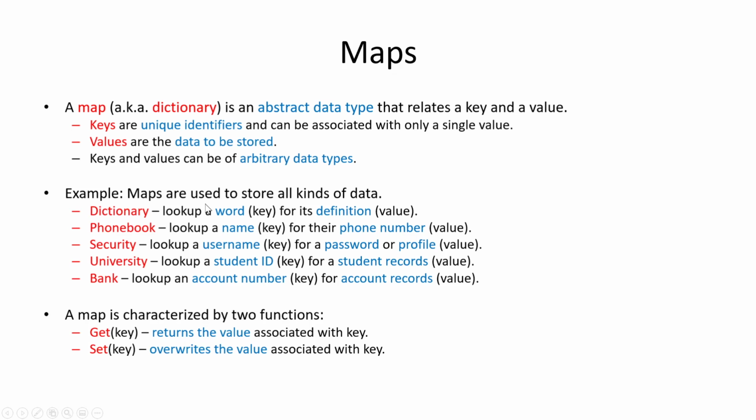That's my first example here: in a dictionary, the word is our key. That's the unique identifier, and we're going to look up its definition. Now, of course, we already have a problem. Maybe a word is not uniquely identified by a string of characters. There might be more than one word with the same string of characters.